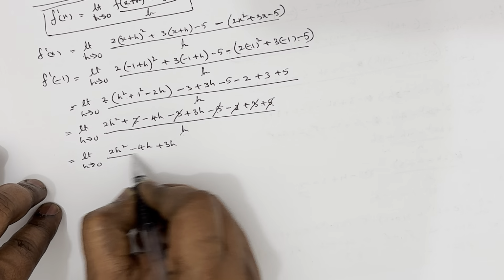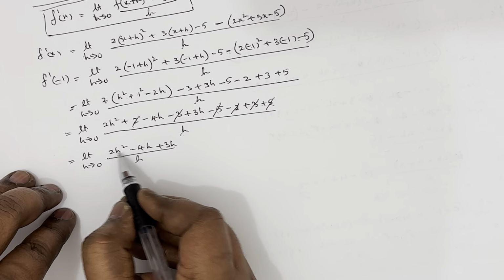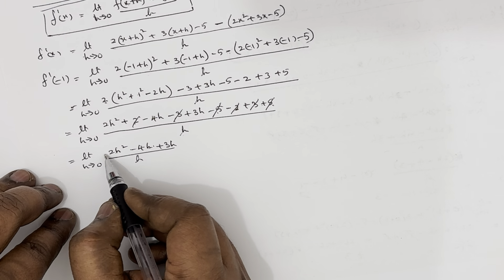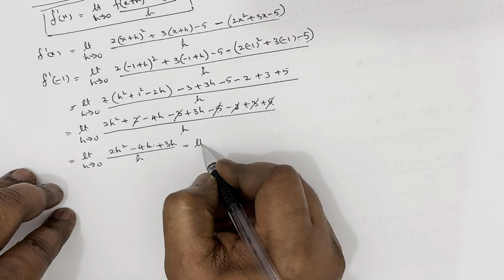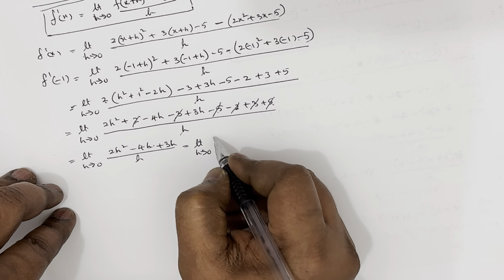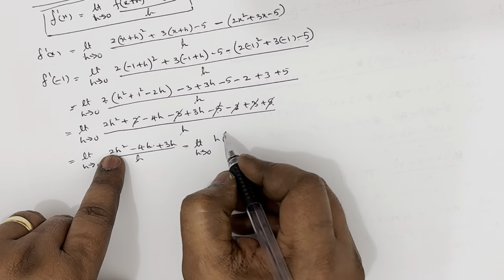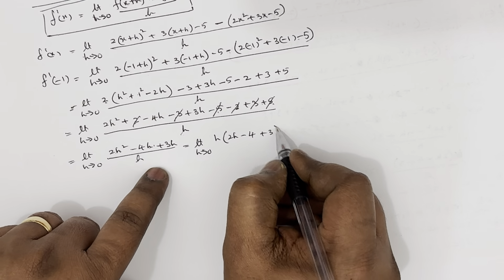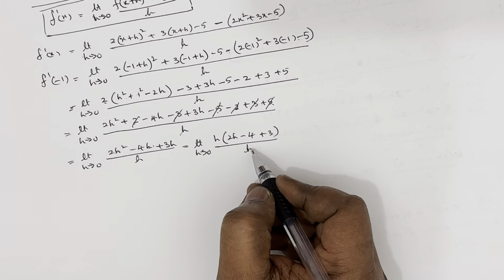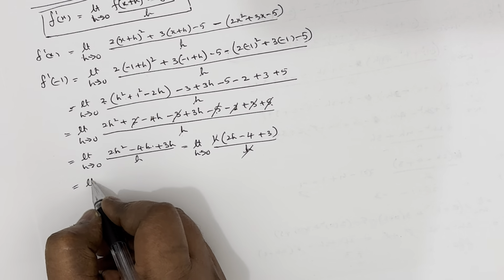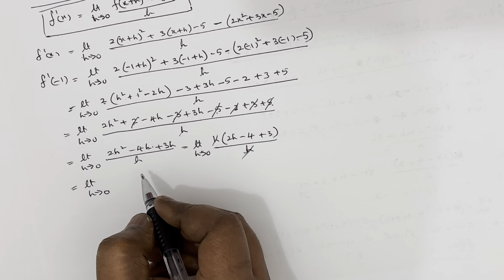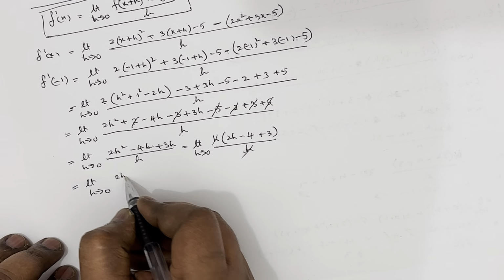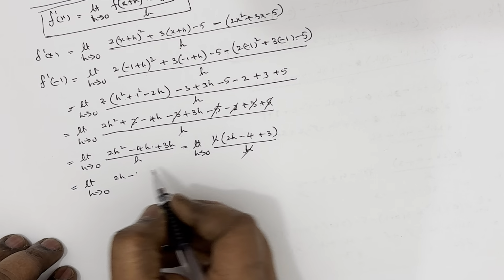okay, upon h. Now you see you have h in the numerator in all these expressions. Let's take h common, so it will become limit h tends to 0, h common, so here you will get 2h minus 4 plus 3, upon h. Now this h and h get cancelled, so you will have limit h tends to 0, 2h minus 4 plus 3 will become minus 1.